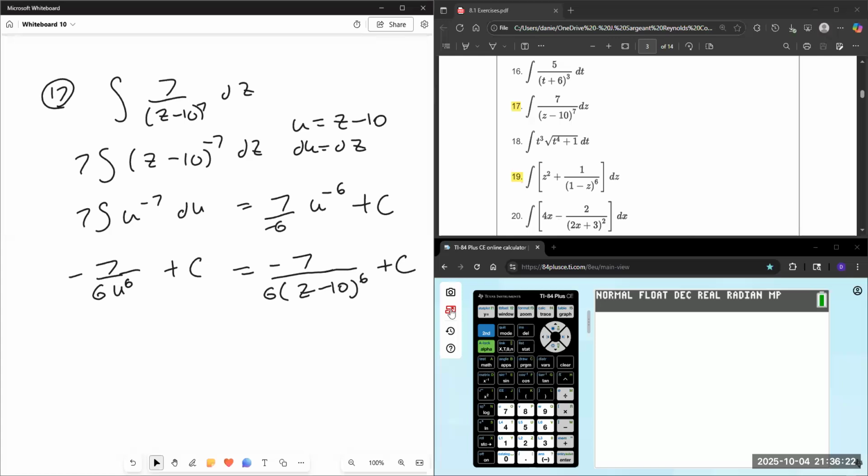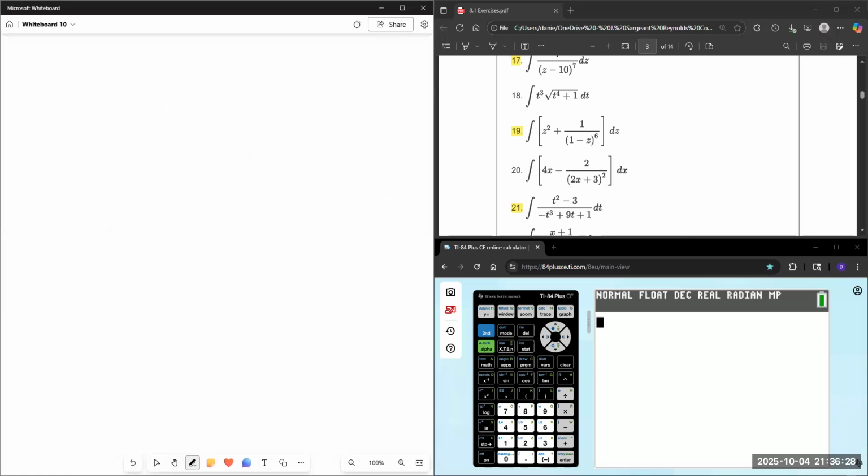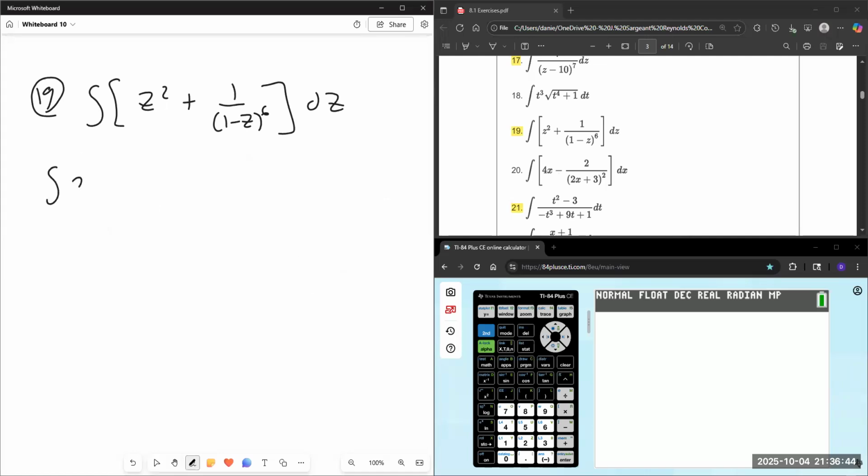Let's look at number 19. Number 19 is the integral of the quantity z squared plus 1 over (1 minus z) to the 6th dz. So that's going to be the integral of z squared dz plus the integral of 1 over (1 minus z) to the 6th dz. So that will be 1/3 z cubed, basic power rule.